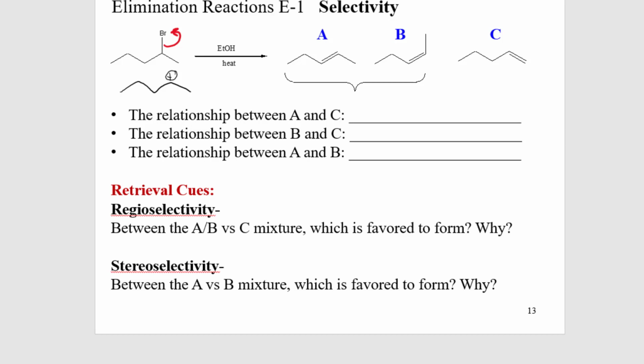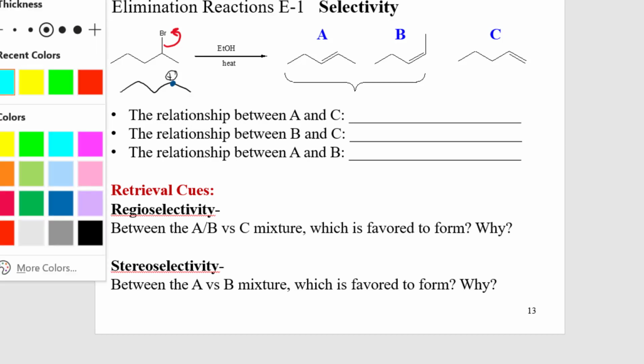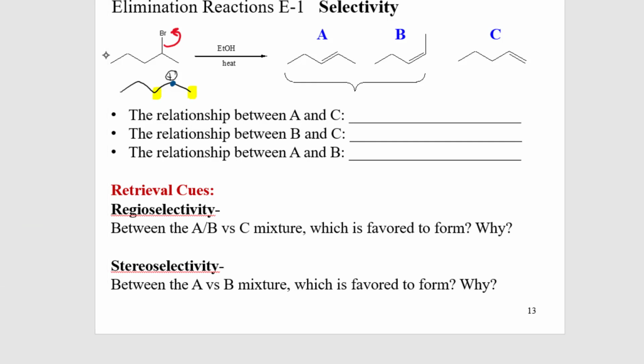Now we're going to show an E1 and we have our carbocation and we have our carbons next door here and here. And so we have some possibilities. Okay, if I deprotonate, I should call them 1 and 2.